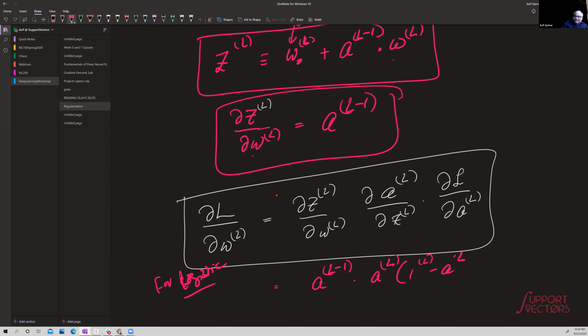And times, now what was that? This was 2 over n, summation over i, of (AL minus yi). You see? And so what has happened, guys? I have managed to compute exactly what this is.